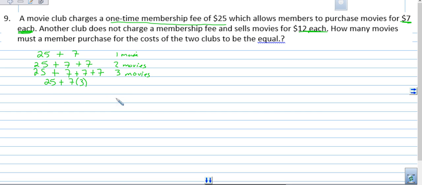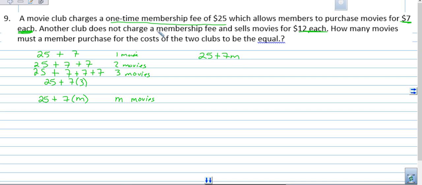So for m number of movies, this would be just $25 plus 7 times m movies. Okay? So this becomes our little equation, so to speak, for the first movie club. So we'll do 25 plus 7m.